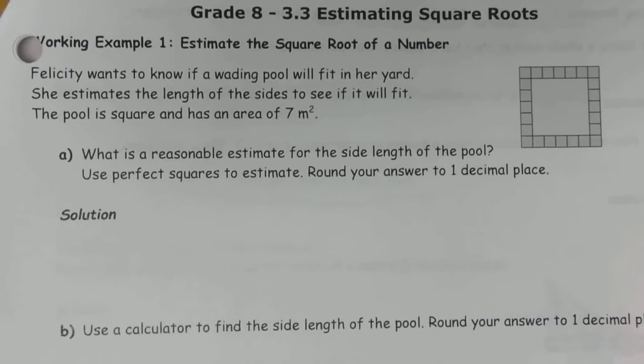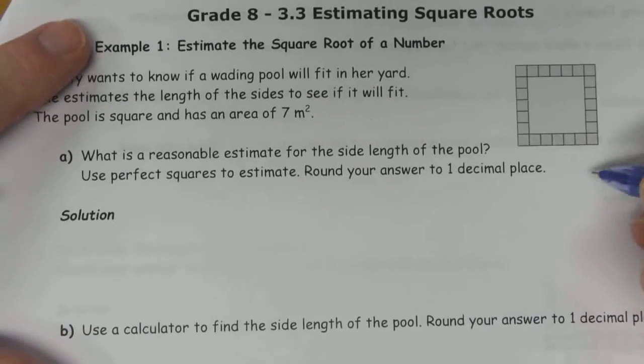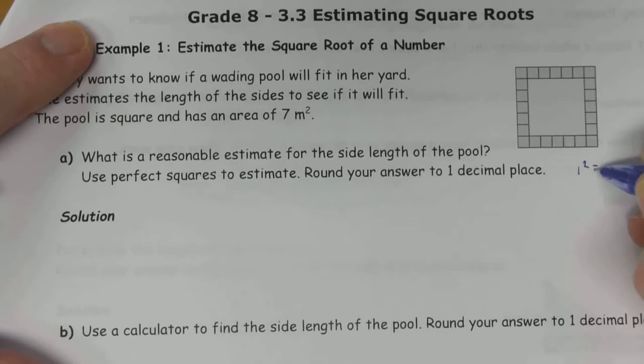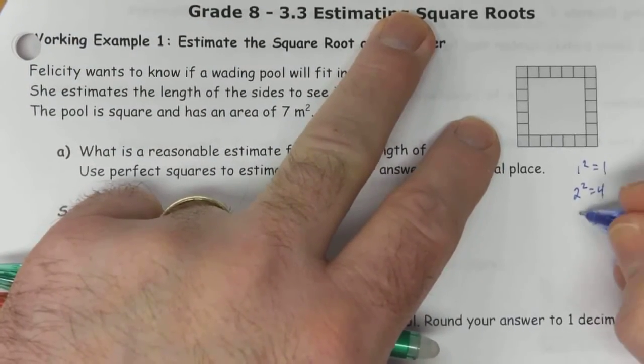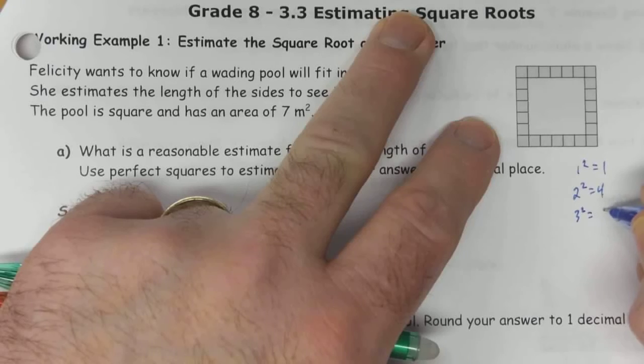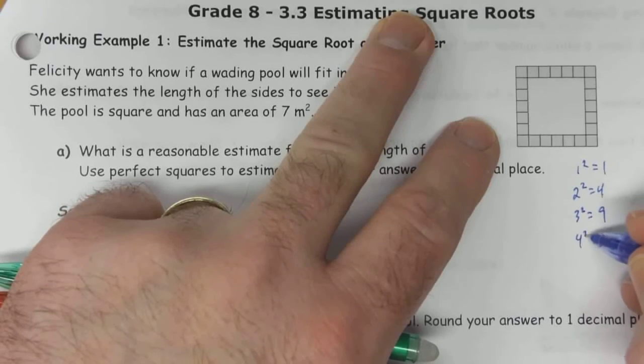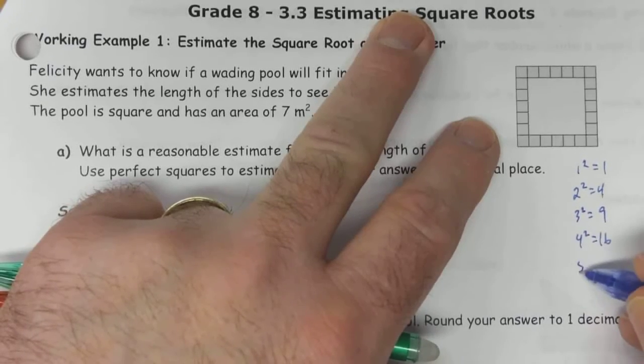Okay, so we know a bunch of perfect square numbers. We know that 1 squared is 1, 2 squared is 4, 3 squared is 9, 4 squared is 16.